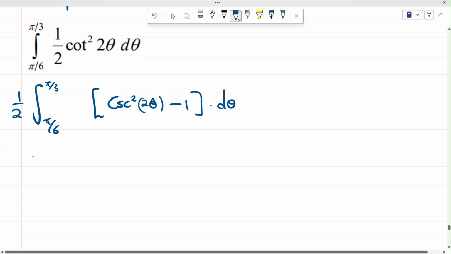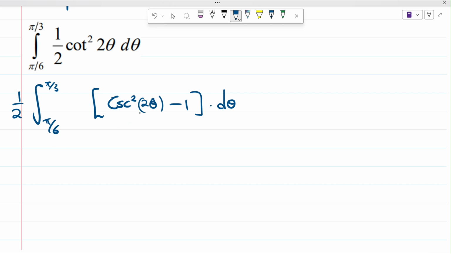And then what? From there, I need to integrate, because now I can say that something was differentiated to get cosec squared, right? So let me do this. Let me rewrite it again in a nice way so that we avoid mistakes.